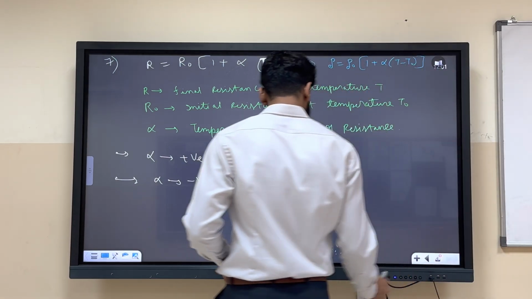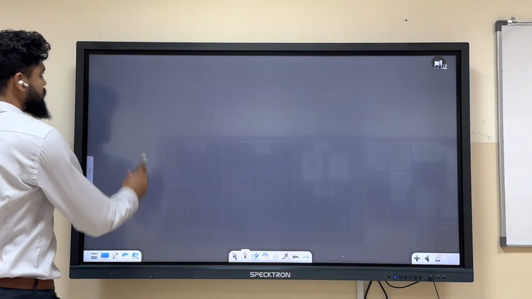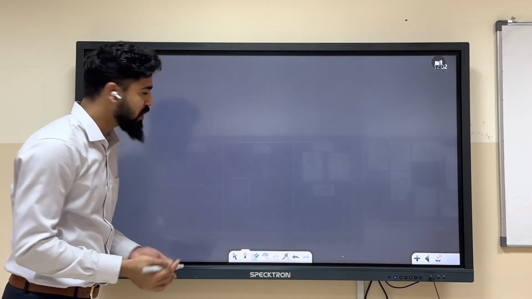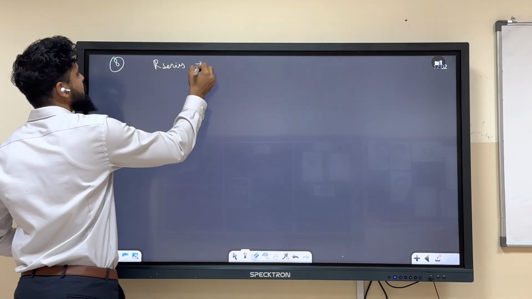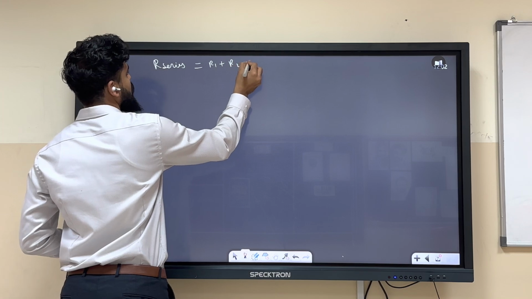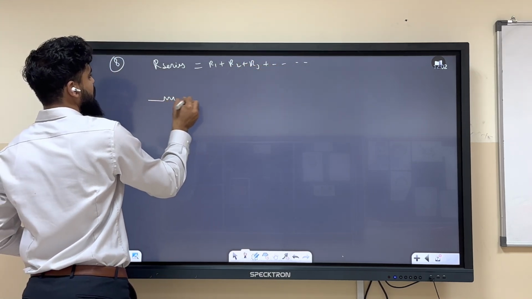So now the last point, point 8. This is something that you already know: R in series, R in parallel. R in series is what? R1 plus R2 plus R3 and so on. Correct? This is the series circuit.